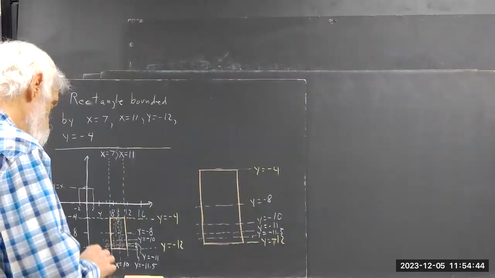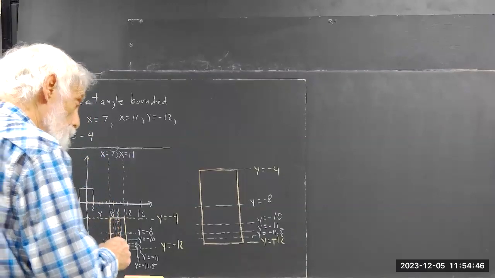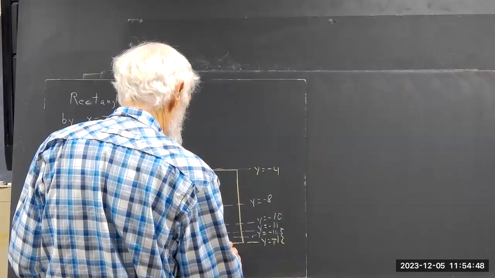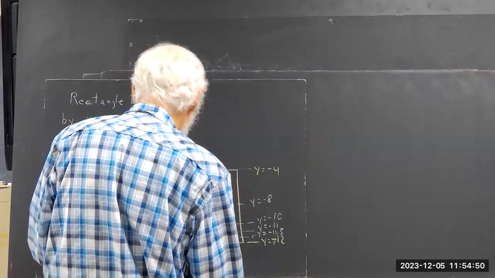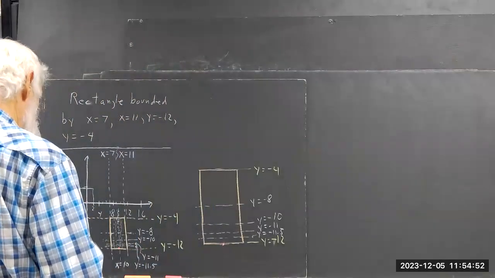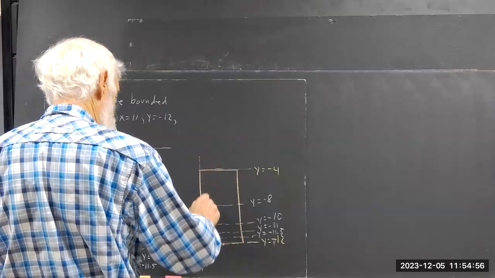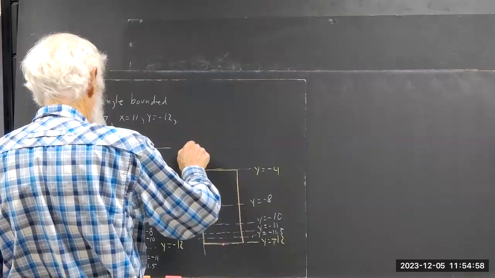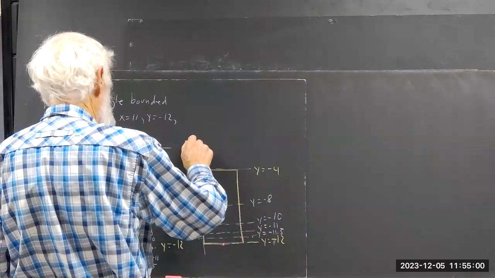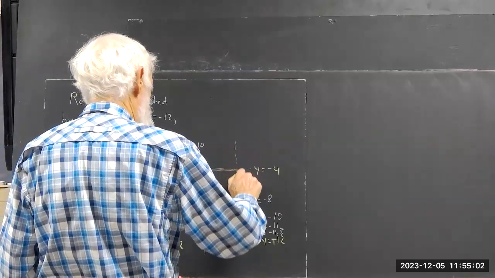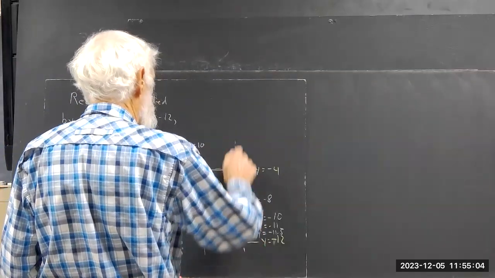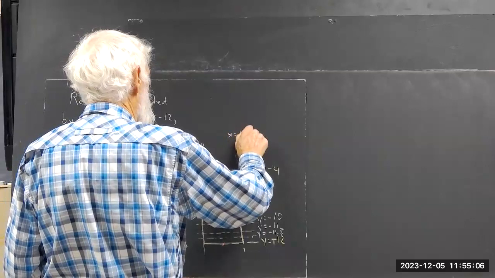Okay. Now I've got my red dot in the middle of the bottom edge. And I've got x equals 10 here. And x equals 12 here.